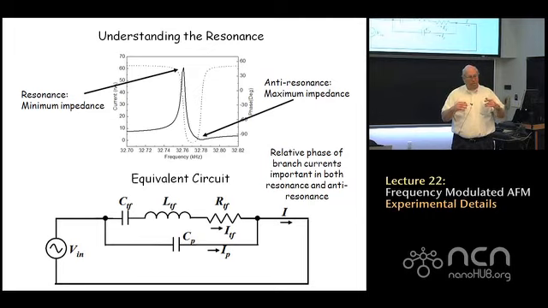One mode of excitation is you cause the base of the cantilever to vibrate at a fixed frequency, and you vary that frequency and measure the response of the cantilever. Right? That's called the base excitation mode, and that base excitation mode gives rise to a certain characteristic resonance line shape that we've discussed about a month ago.